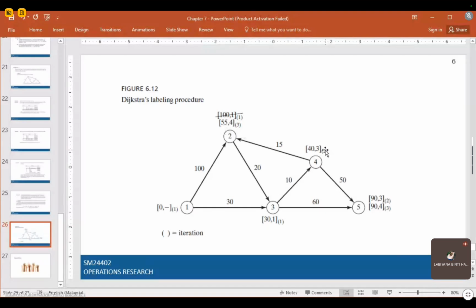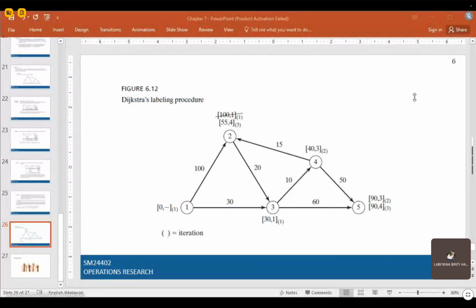The bracket 2 here represent the second iteration, and the bracket 3 here represent the iteration 3. So this is our labeling procedure for Dijkstra's algorithm.